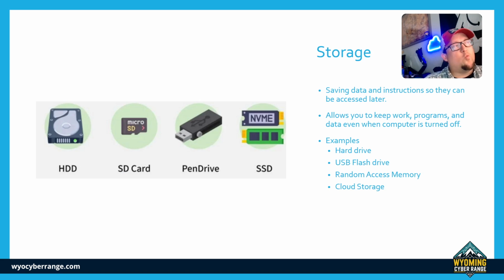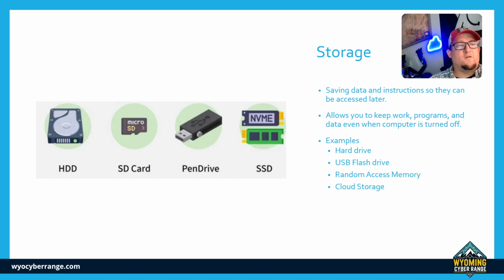Now, we don't always want our output to be there forever, so a lot of times we're going to need storage. We're going to need to save this data and instructions so that they can be accessed later. This data will then be put into a storage device. This allows us to keep the work in our programs and data even if the computer is turned off. Think about your phone.